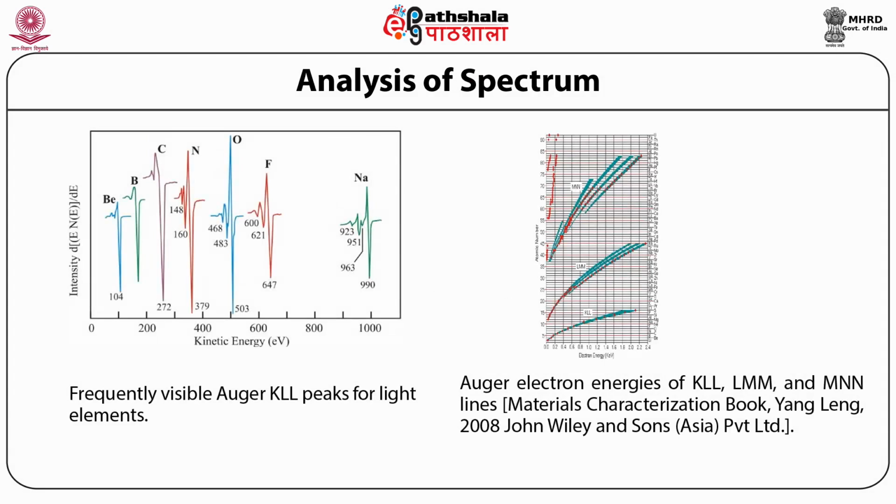The spectrum analysis. The concentric hemispherical analyzer, represented as CHA, of the Auger electron spectroscopy has a constant resolution for energy, delta E divided by E, over the whole range of the spectrum.